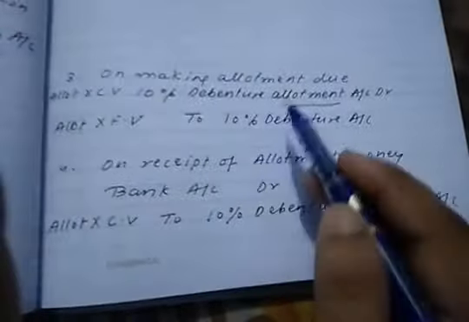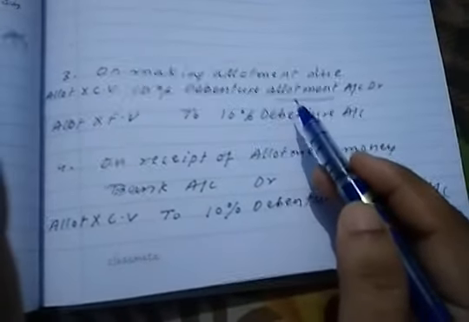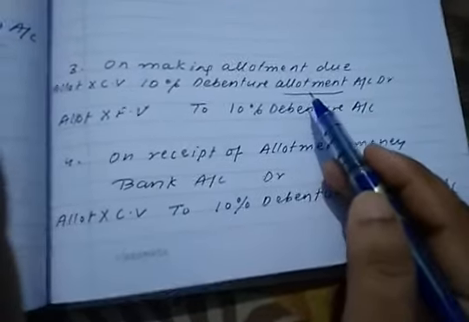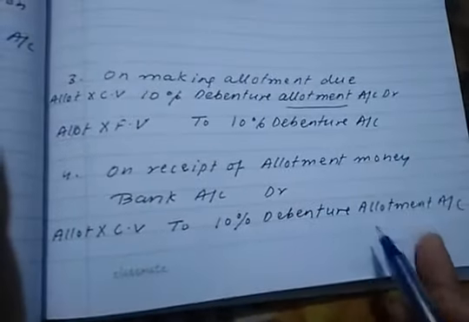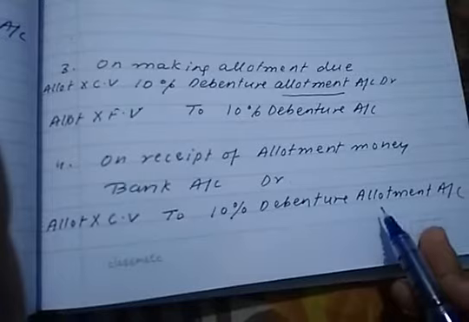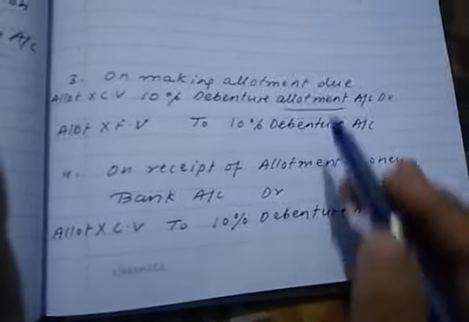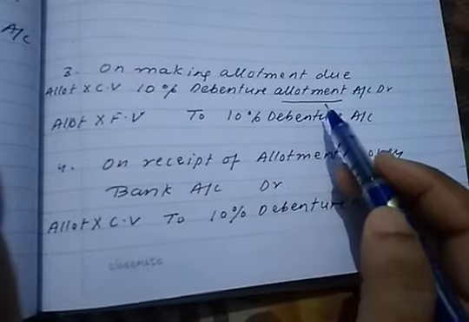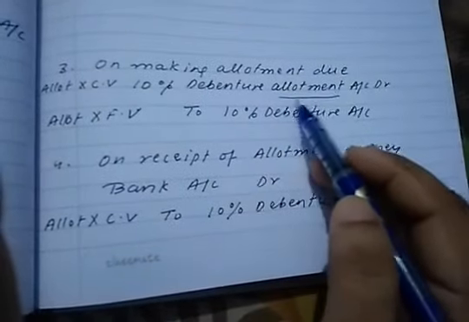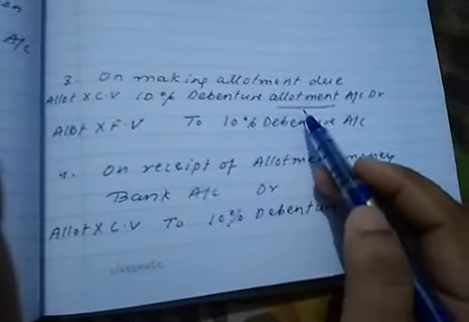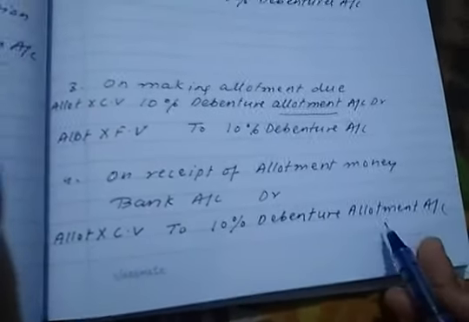In the similar way, the next installment will be first call. In place of allotment, you need to write first call. When you need to pass the journal entry related to final call, you have to replace the word allotment with the words final call.